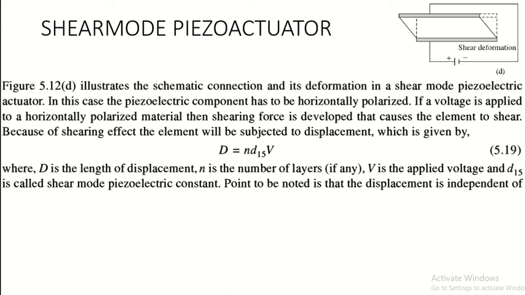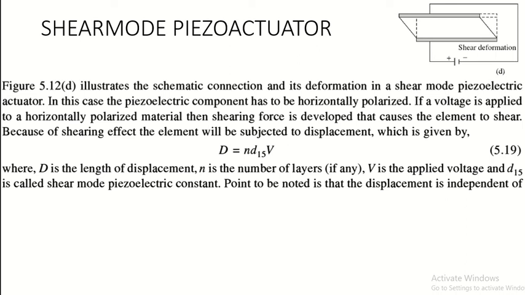Because of this shearing effect, the element is subjected to a displacement. Generally we call it a deformation, but when a material is moved from one place to another, we consider it a displacement. This displacement is given by the equation D = n d15 V, where capital D is the length of the displacement, which we are going to calculate, that is, how much the material is moved.